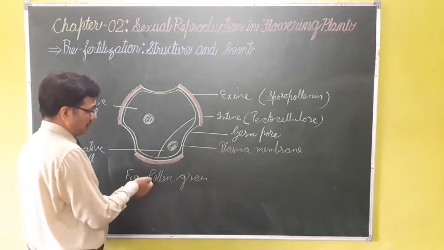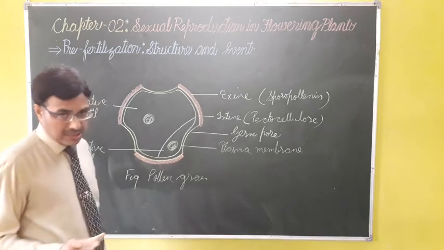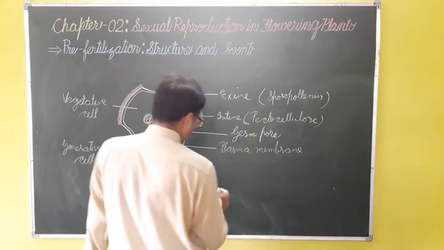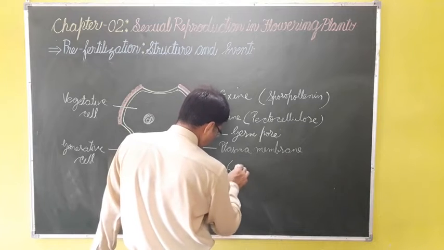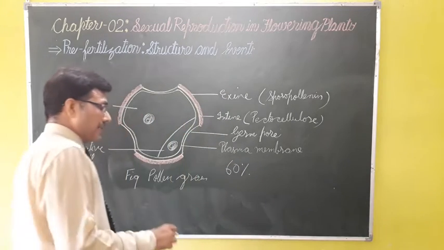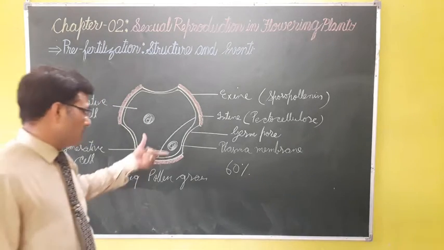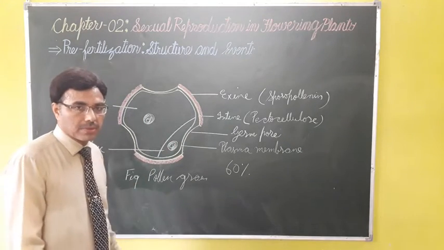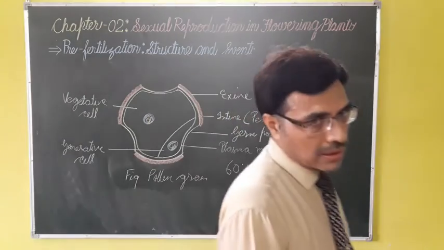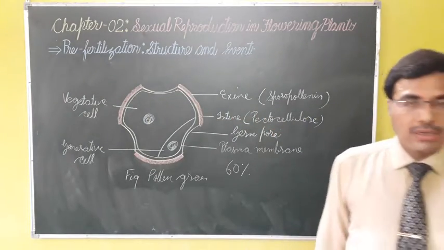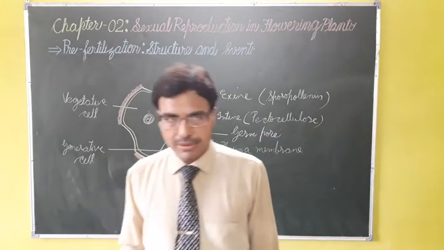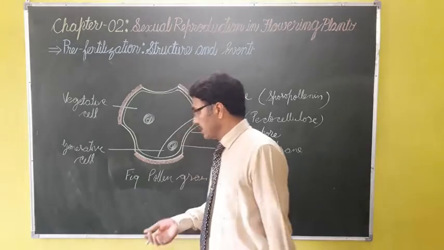Now, in 60% of conditions, the pollen grain is shed in this two cell stage, and it reaches the stigma of the flower, right?